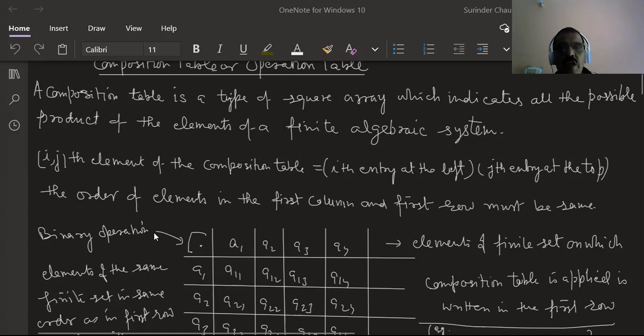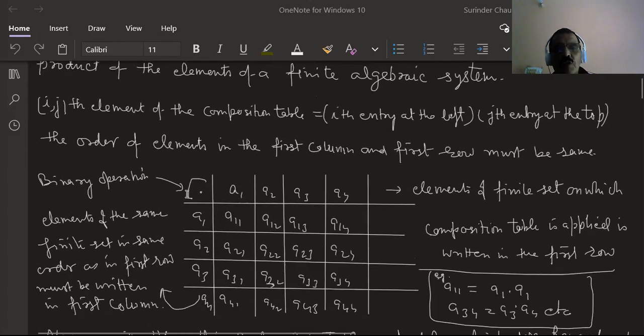The order of the elements in the first column and first row must be the same. Order means this is the first row A1, A2, A3, and so on, and the same order in the column, right?